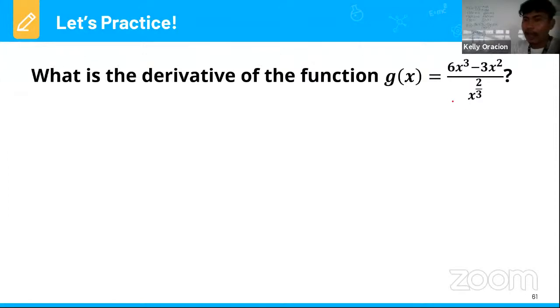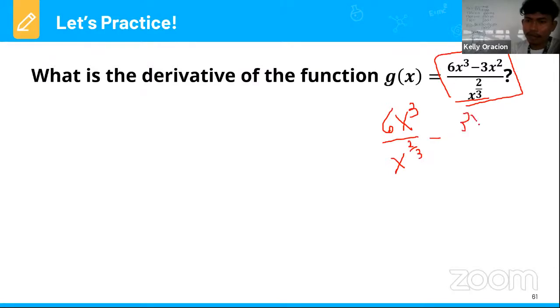Kasi in the first place, the denominator is a monomial. So in this case, pwede naman siya ma-simplify just like this: 6x cubed over x raised to 2 over 3 minus, since minus man, 3x squared over x raised to 2 over 3.